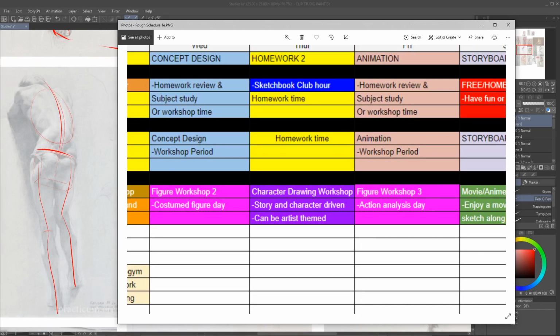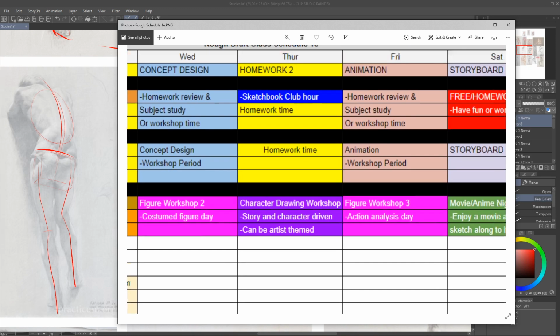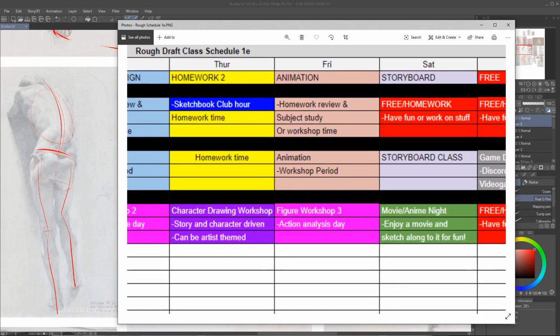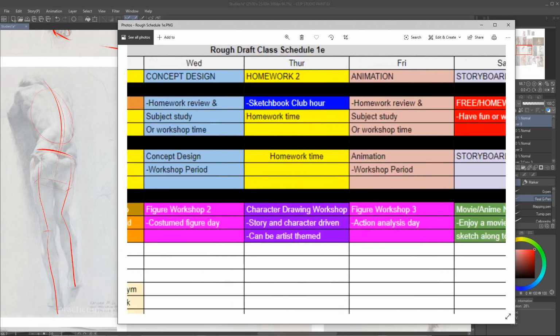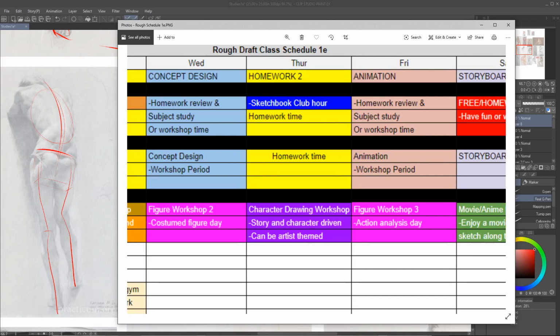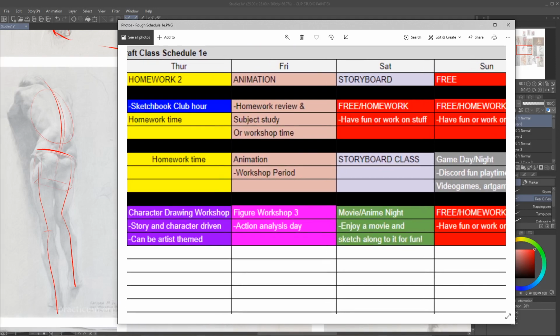We might have a Mike Magnolia day here where we try drawing figures how Mike Magnolia draws them, or we copy Mike Magnolia drawings in addition to art model copies, or any other artists really. I just used him as an example.